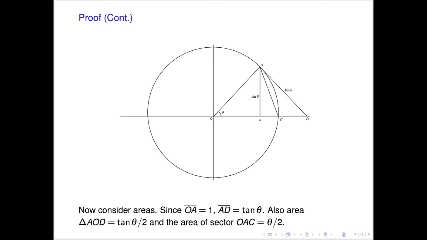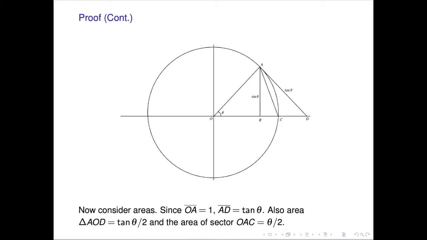Moreover, the area of triangle OAD equals tangent of theta upon 2, as can be found using the formula that the area of a triangle equals half base times height. In addition, the area of the sector OAC equals theta upon 2.